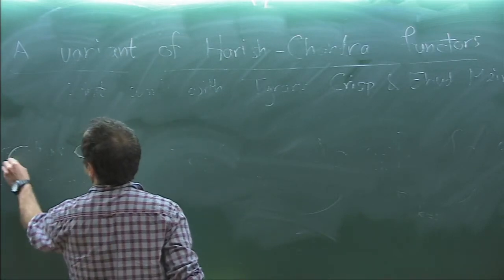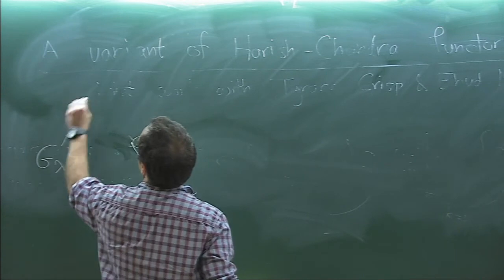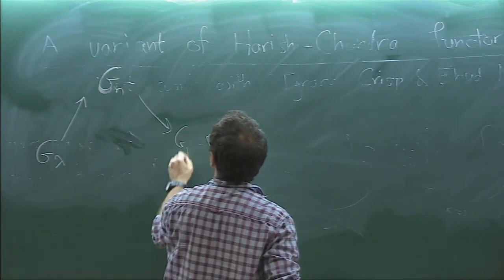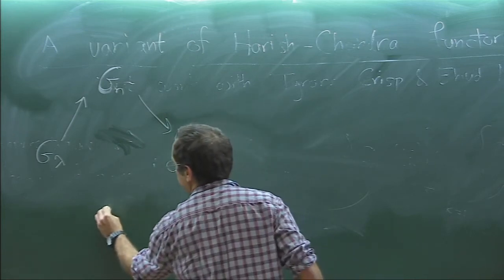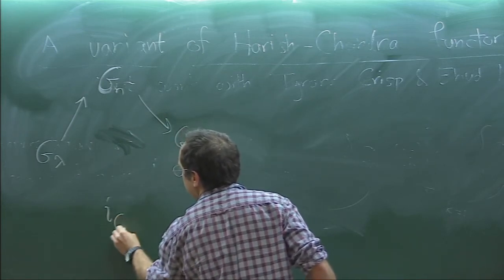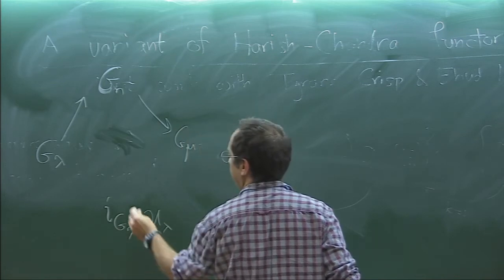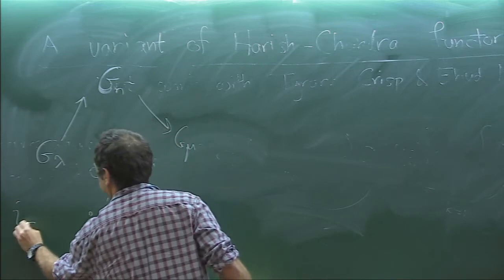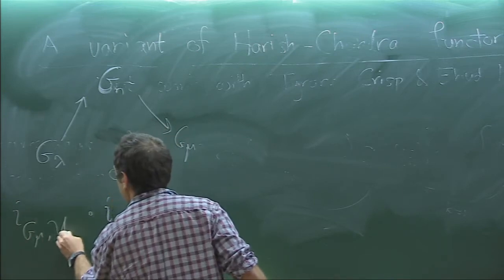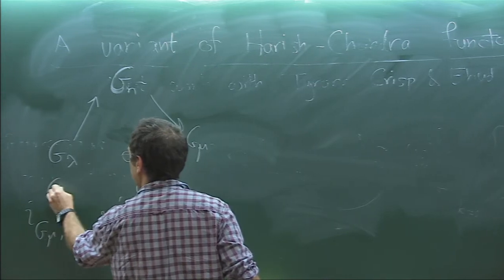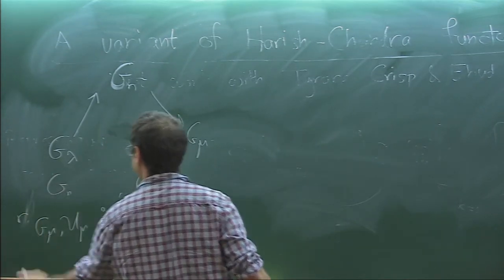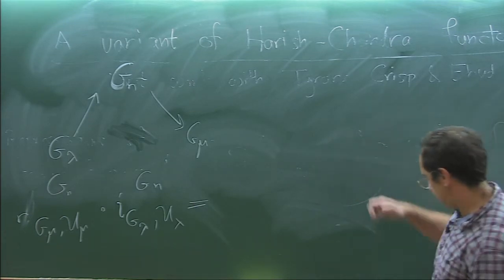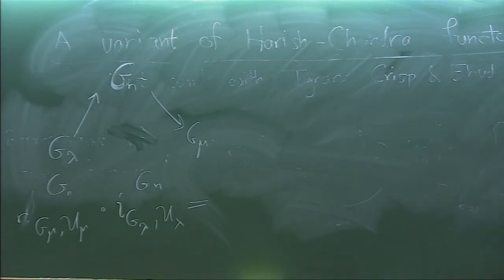Okay, so now I'm going from G lambda to Gn, then to G mu, and I want to understand the functors I, G lambda, U lambda, Gn, and then I, G mu, U, sorry, R. And this can be written as a sum similar to this sum.